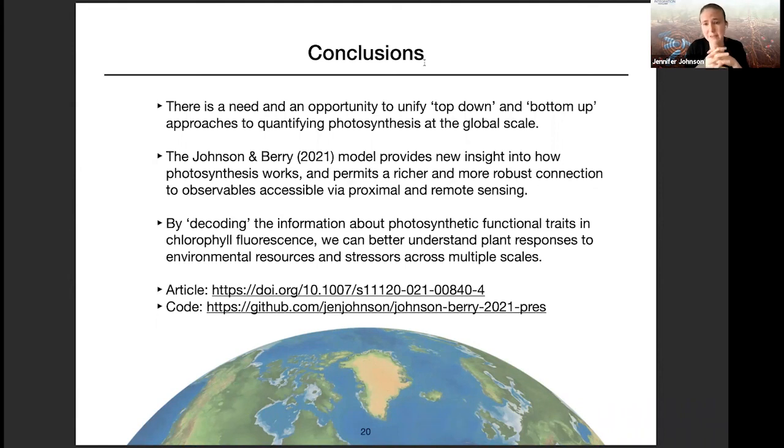On land, we have things like the differentiation between C3 and C4 photosynthesis. And to accommodate that on land, we do need to change the structure of the model. But with those kinds of structural accommodations, we should be able to use this basic approach.